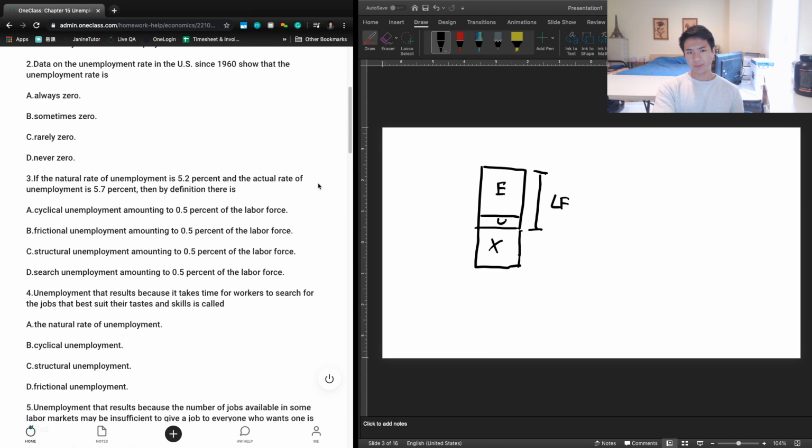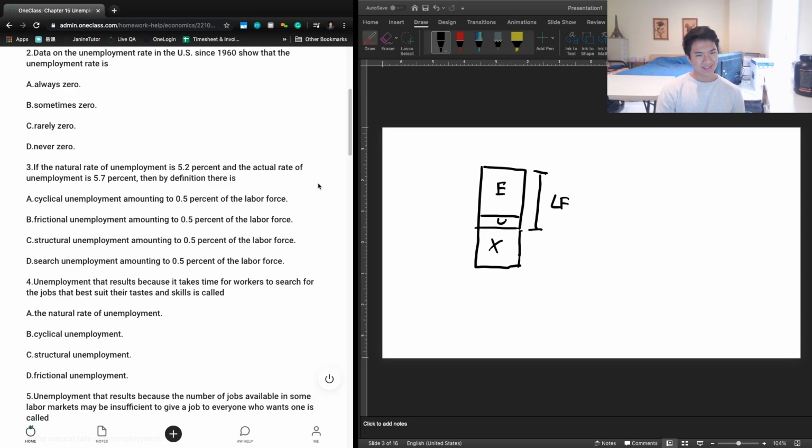Data on the unemployment rate in the United States since 1960 shows that the unemployment rate is A, always 0, B, sometimes 0, C, rarely 0, or D, never 0. This is a misconception, I think, publicly, that the natural rate of unemployment is 0, when in fact it has hovered around 4.9% for a long time, and variations from that are due to the business cycle.